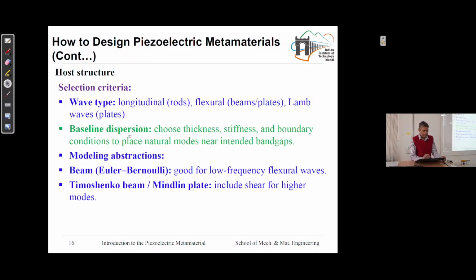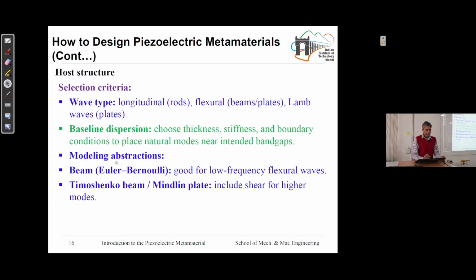The baseline dispersion is the relationship between frequency and wave number, and this is decided based on the thickness, stiffness and boundary conditions to place the natural mode near the intended band gaps. So we will discuss this now in the second lecture.